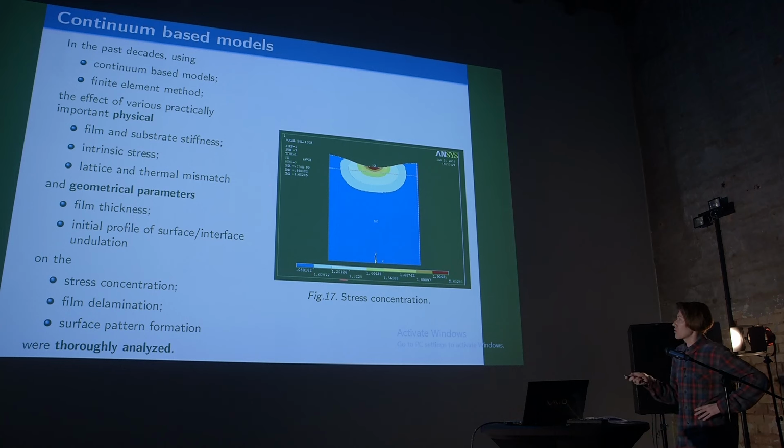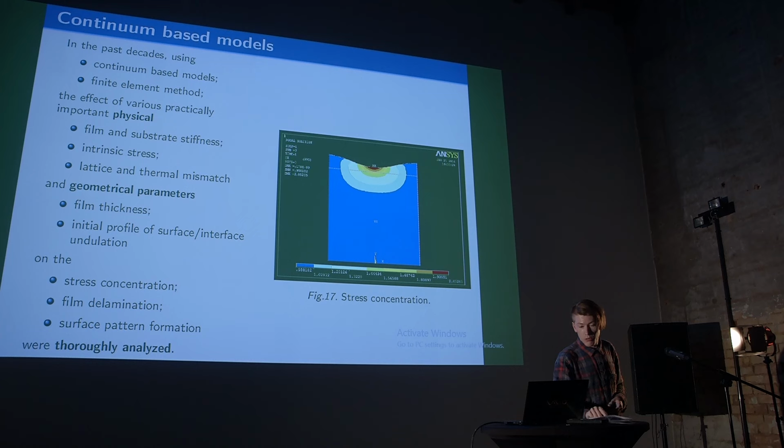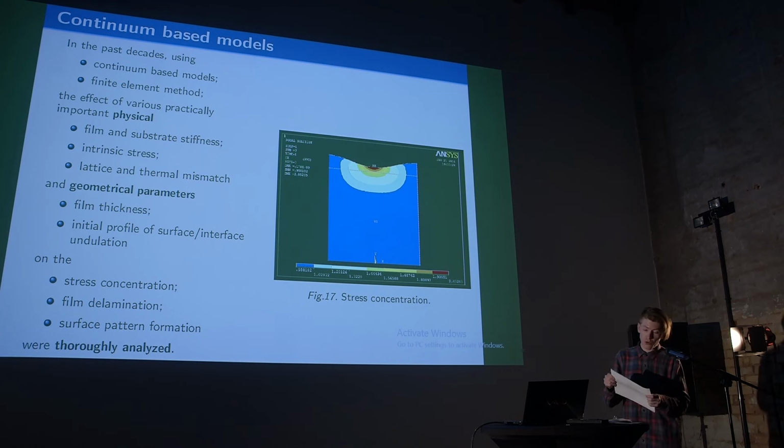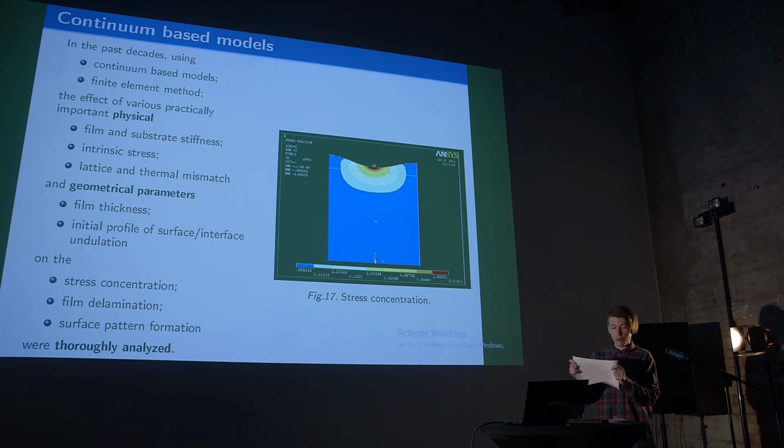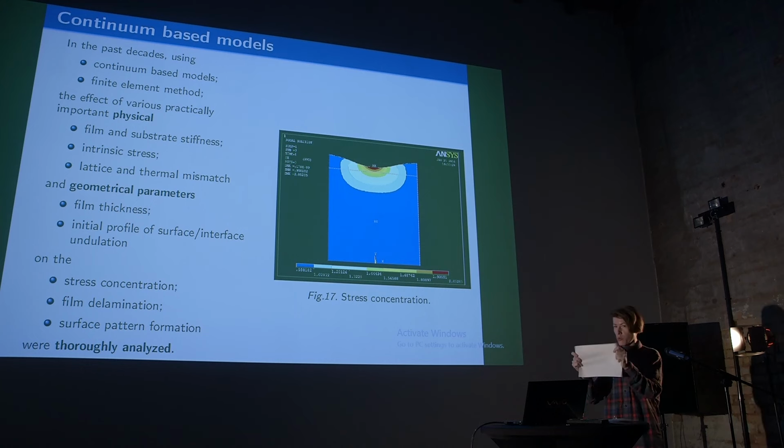For example, on this picture, we can see the stress concentration caused by the wavy surface. What is the stress concentration? For example, if we take this piece of paper, it's very hard to break. As you can see, it's very solid.